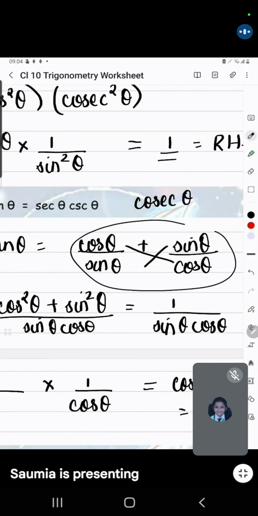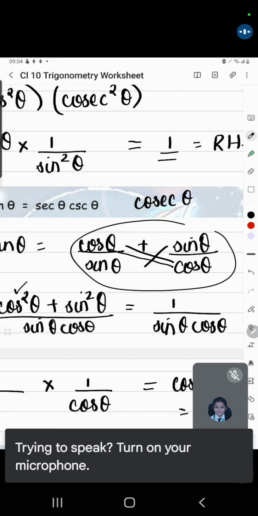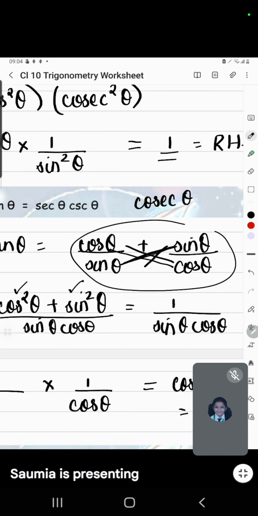Both these fractions have different denominators, so you make their denominators equal first. For that, you cross multiply. So cos theta into cos theta gives cos square theta, sin theta into sin theta gives sin square theta, and the denominators you multiply with each other, so you will get sin theta cos theta. Is this clear? Yes, ma'am.